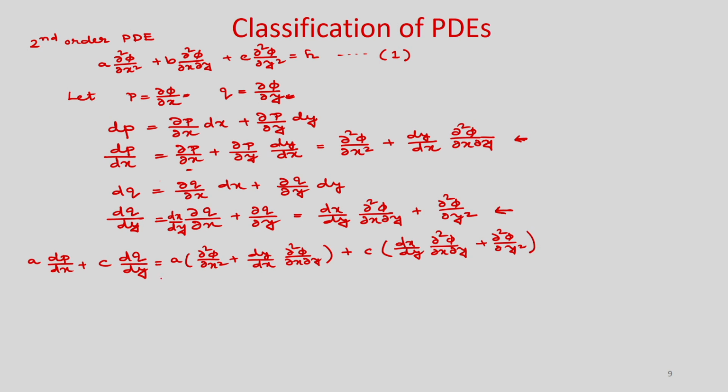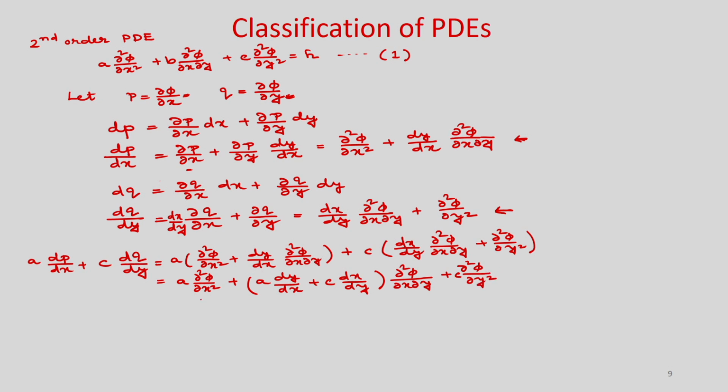Okay. So, if you see the right hand side, you can write a del 2 phi by del x square plus a dy by dx plus c dx by dy, into del 2 phi by del x del y, plus c into del 2 phi by del y square.